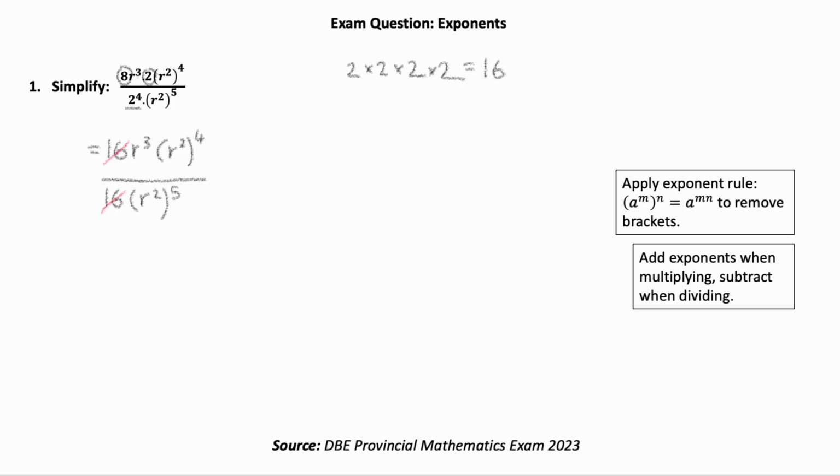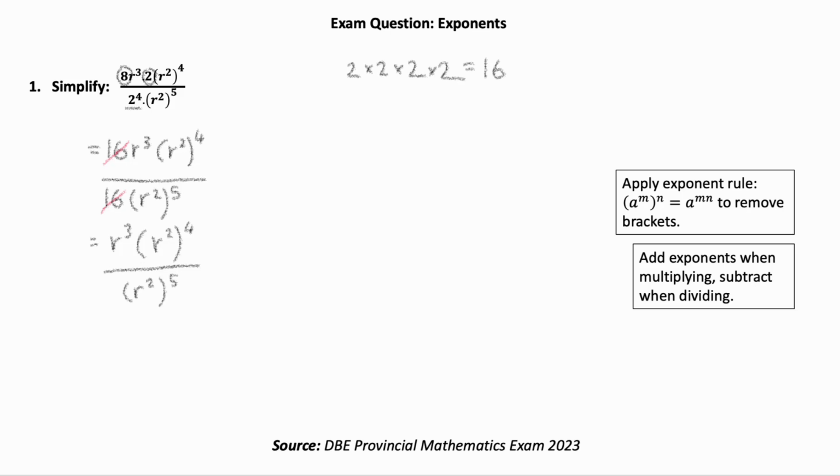So now we are left with the following: r cubed multiplied by r squared raised to the power of 4, divided by r squared raised to the power of 5.